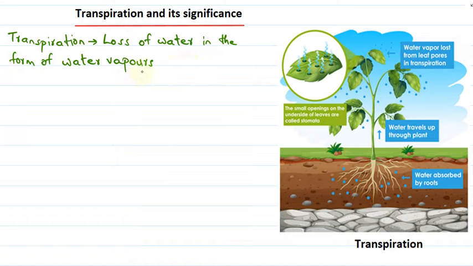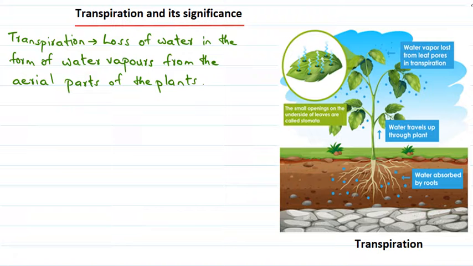In the form of water vapors. Okay, and this happens from the aerial parts of the plant. Aerial parts means the parts of the plant which are present above the ground surface. So from the aerial parts of the plants, the water is lost in the form of water vapor. So this is known as transpiration.